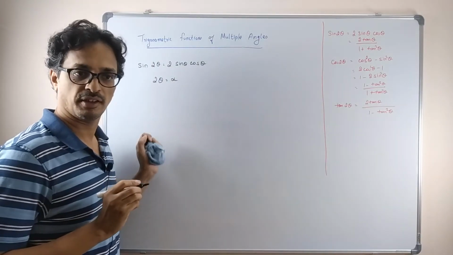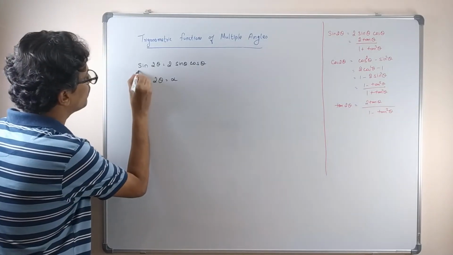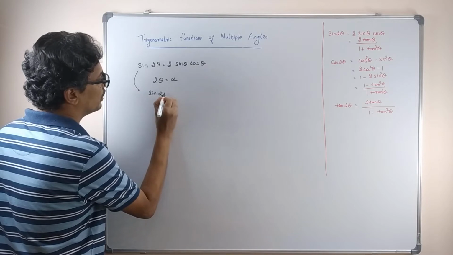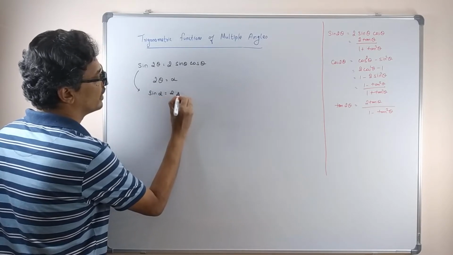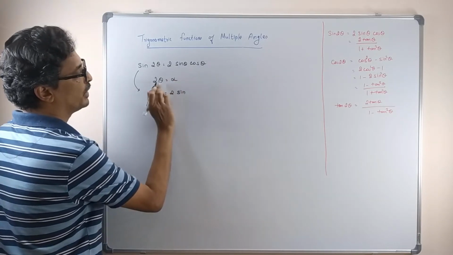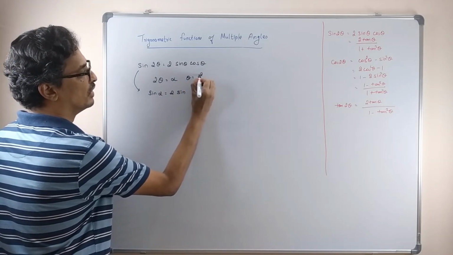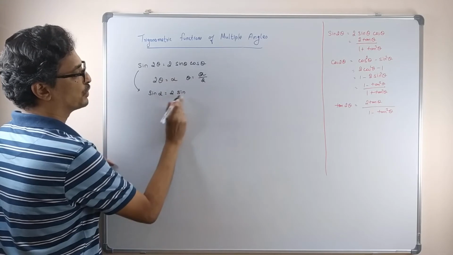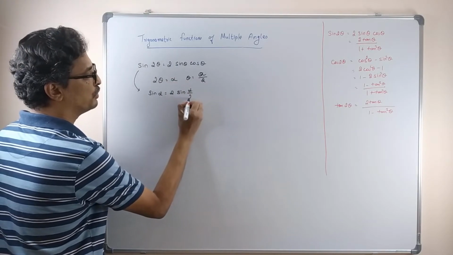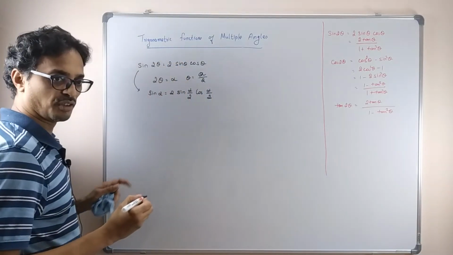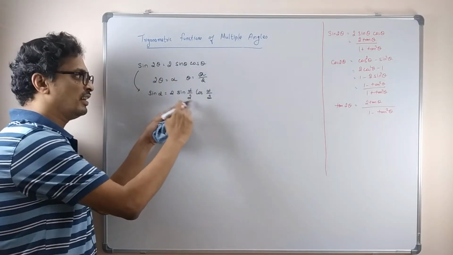Then what will this equation become? Sin alpha will be equal to 2 times sin theta cos theta. If 2 theta is equal to alpha, then theta is equal to alpha by 2. So this is going to become 2 sin alpha by 2 cos alpha by 2. We got a relation connecting the half of the angle.